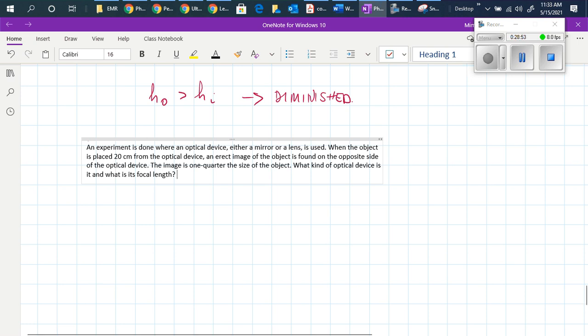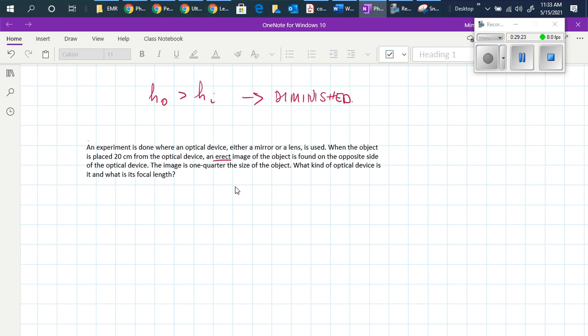Okay, so now we see that the image is erect. It's because it is saying here the image is erect, meaning that it is smaller. Okay, and it is on the opposite side of the object.